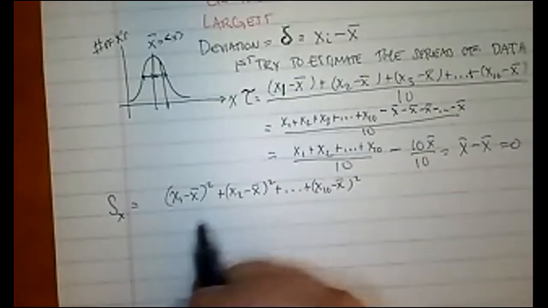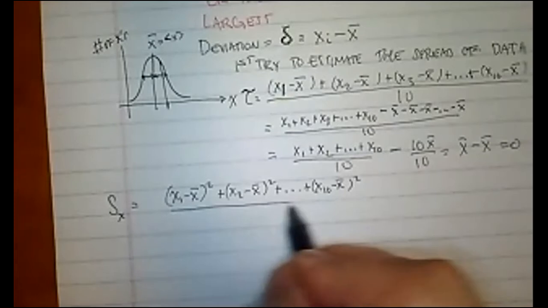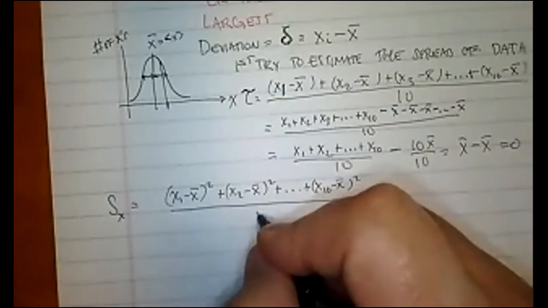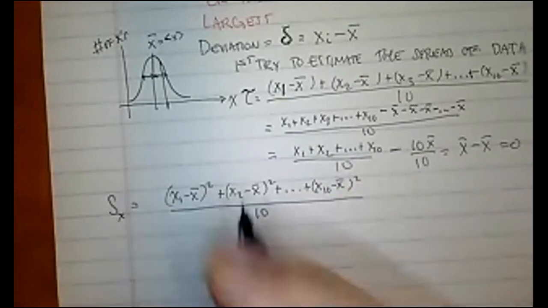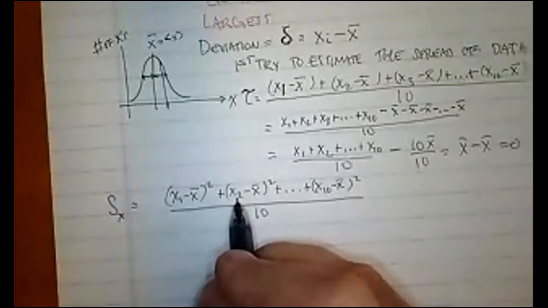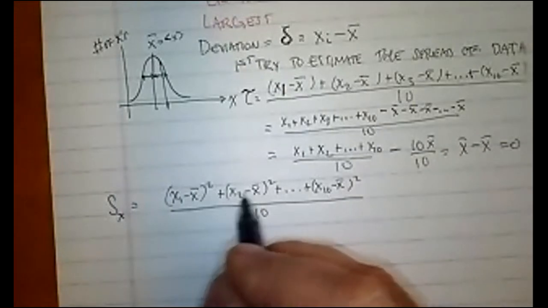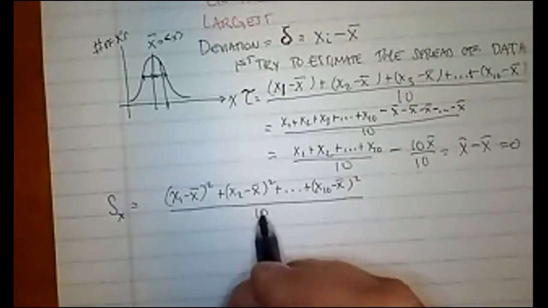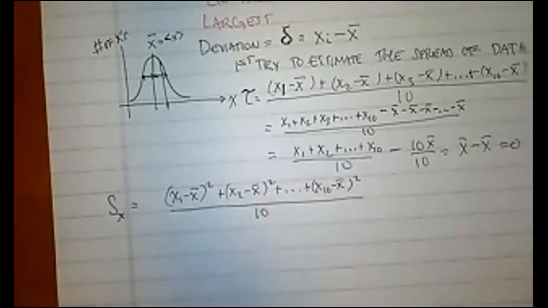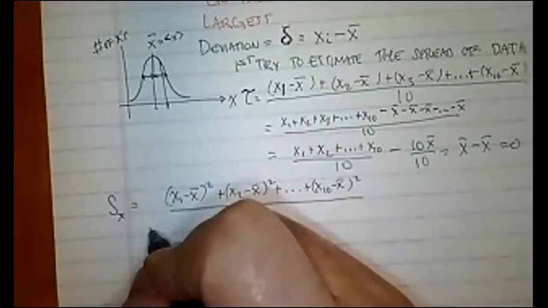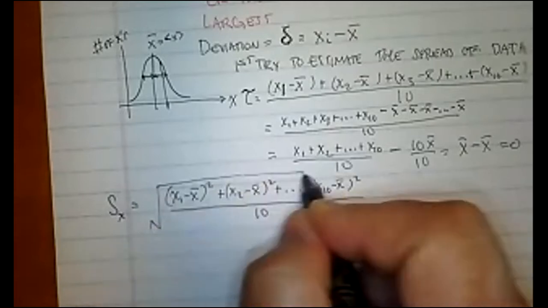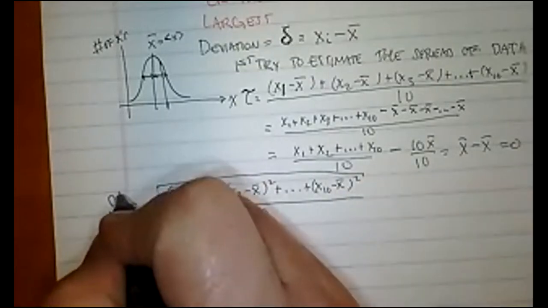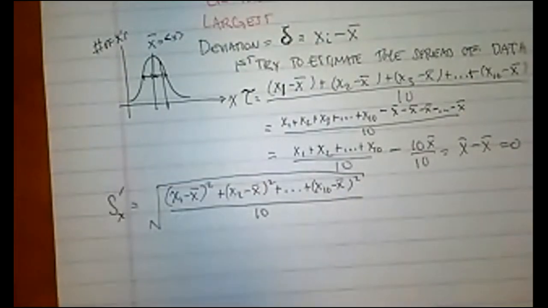Instinctively you might divide it by 10. But then it has units of centimeters squared, so I should undo that by taking the square root. I'll put a little prime on there because this is not the right formula.